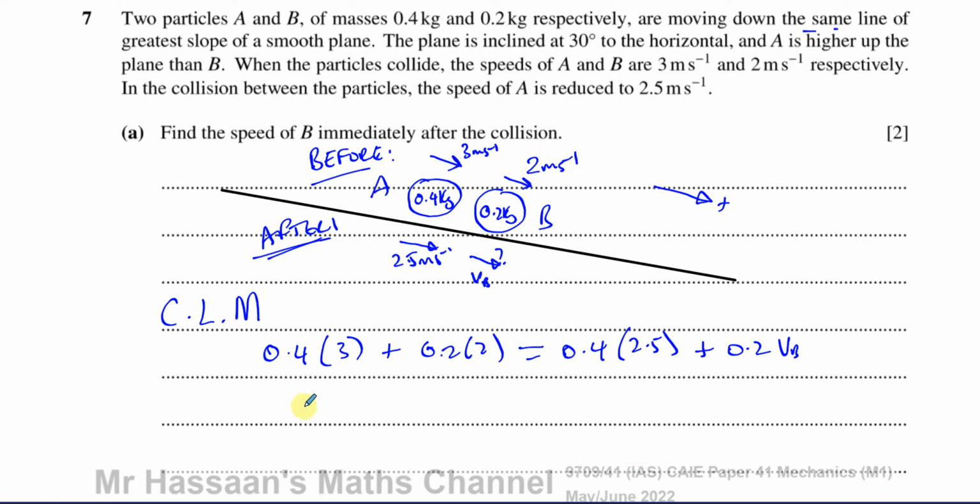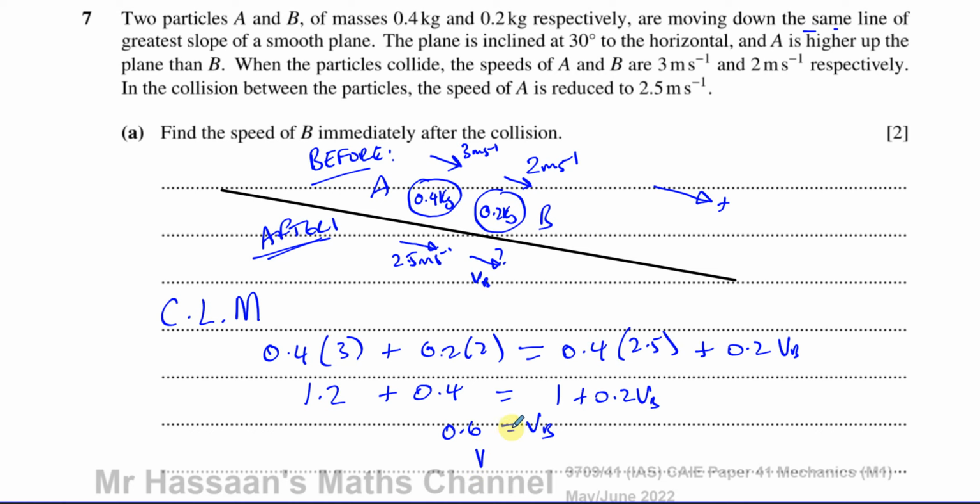So that's 1.2 plus 0.4 equals 0.4 times 2.5. That's like 4 times 25 is 100, and you go back 2 spaces, so it's 1. And that's plus 0.2 VB. So that's 1.6 minus 1, which is 0.6.